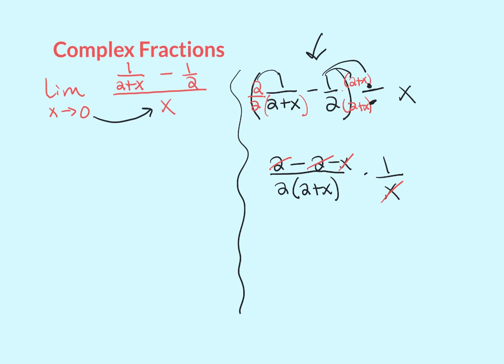So if I go back here, the limit as x approaches 0, don't forget that subtraction sign is going to turn into a negative 1 over 2 times 2 plus x. So if I substitute a 0 in, 2 plus 0 is 2, 2 times 2 is 4. This ends up equaling negative 1/4.